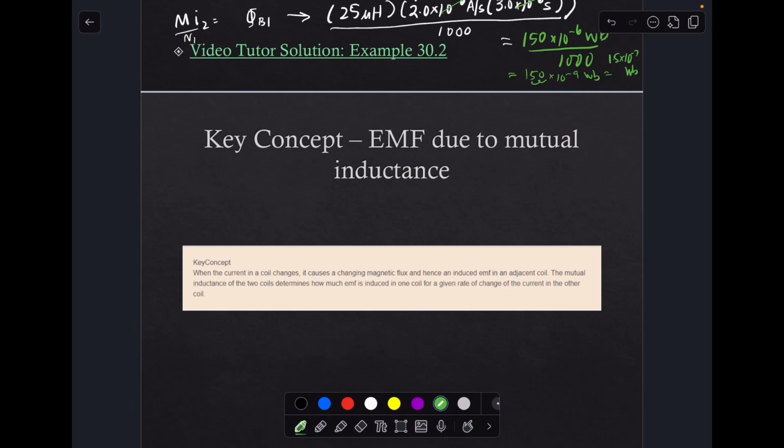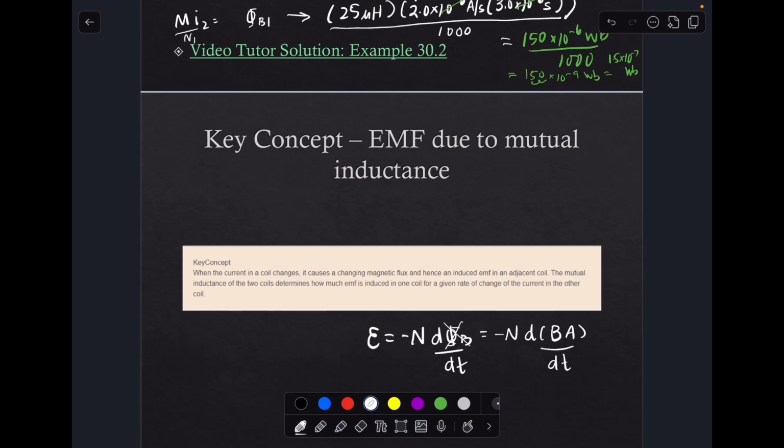So it's basically doing Faraday's law, except we're not really going to consider flux anymore. We're going to just consider the changing current in a second coil that's creating the field.